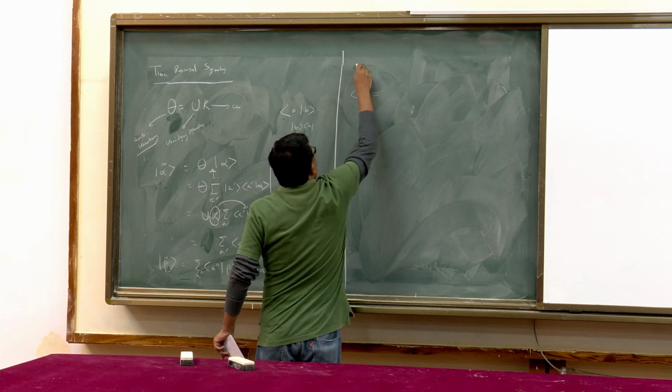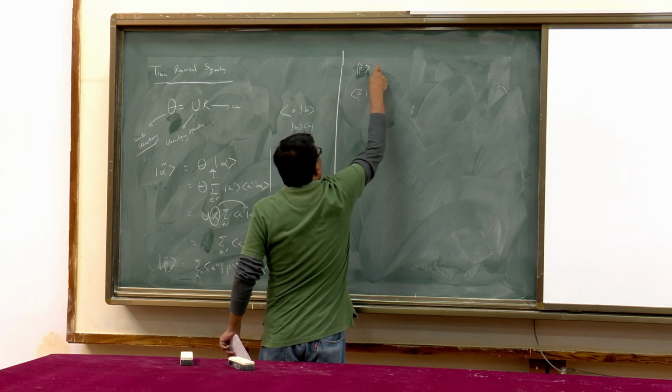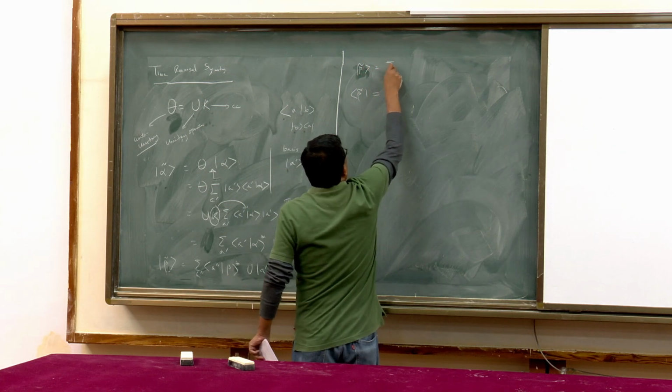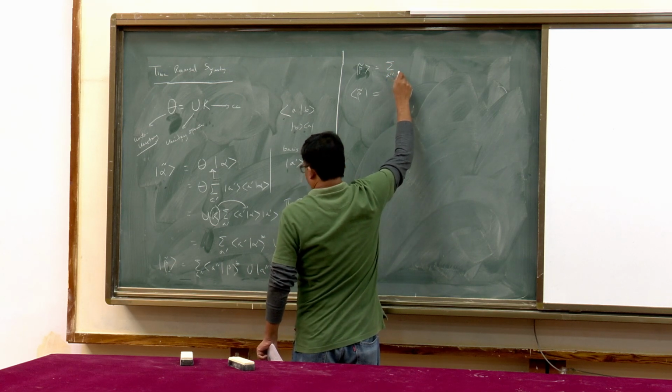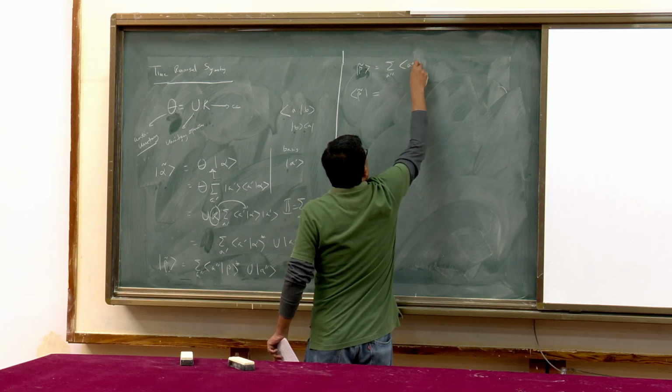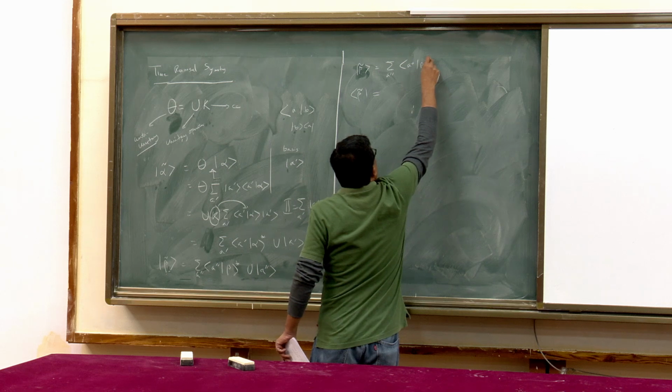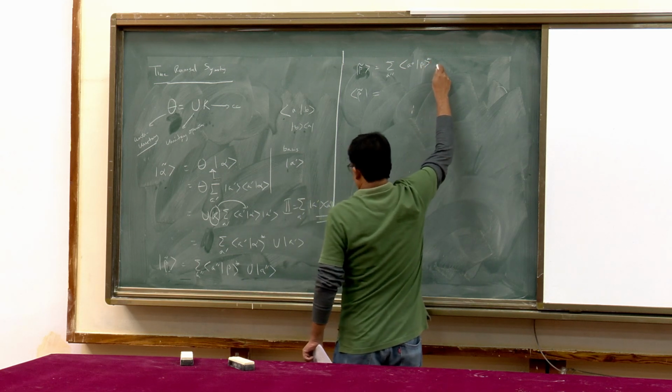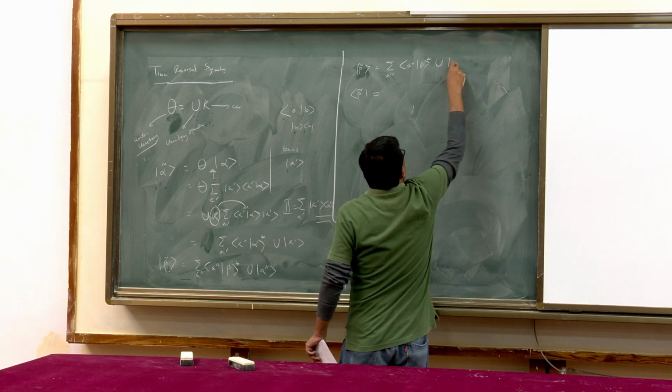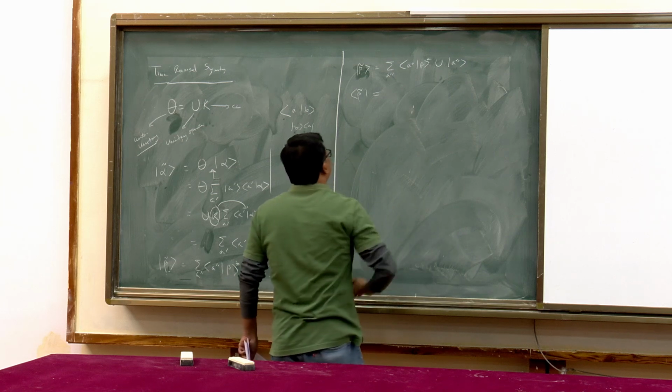So let me write it here: beta, sum over A double prime, beta star u A double prime.